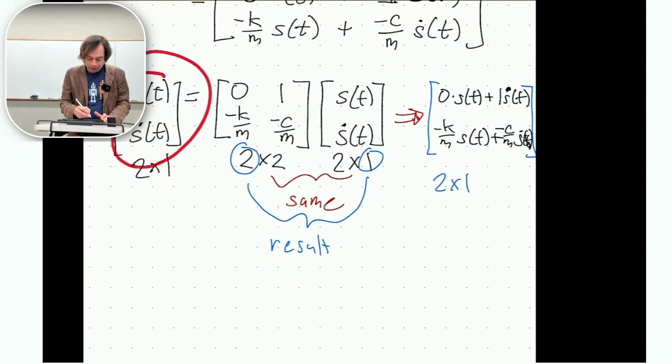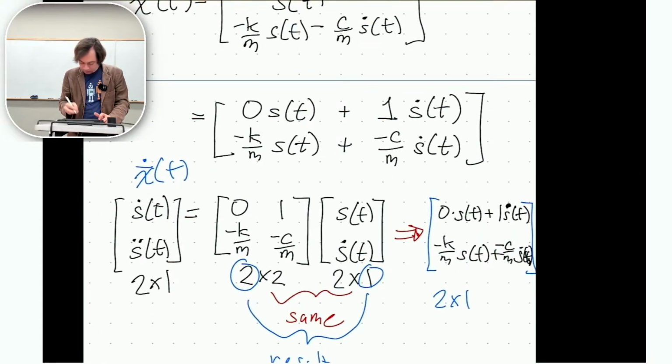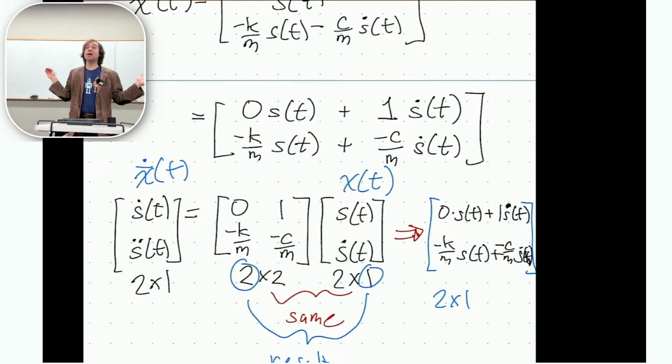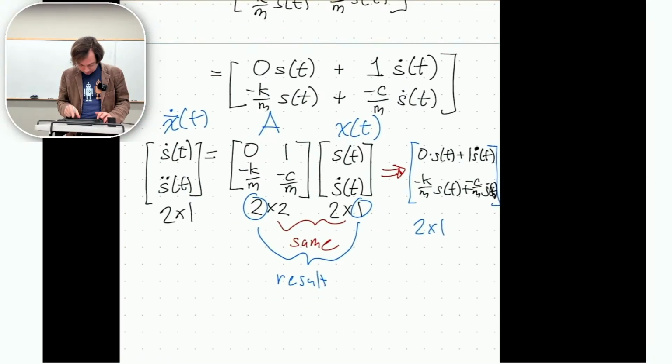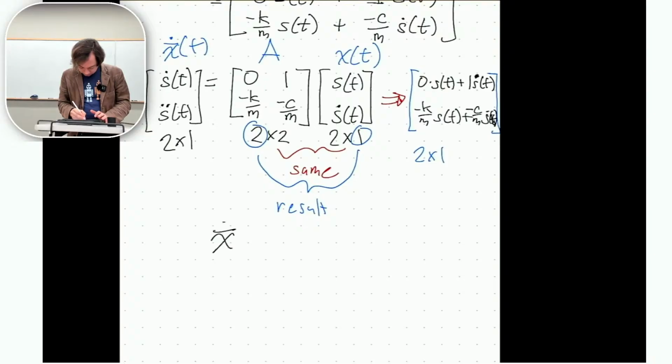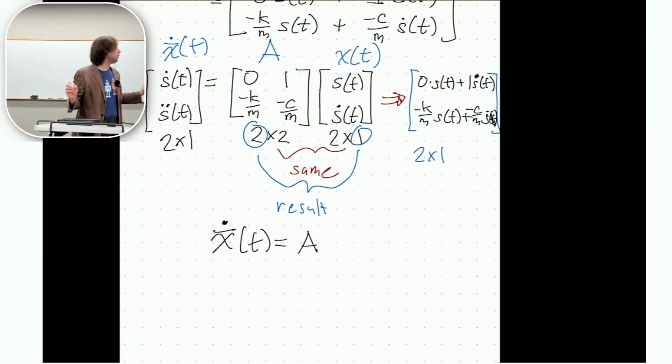So this here is just the derivative of our state vector, right? It's x dot of t. Right here, this is just our state vector itself, right? We would agree with that? And this here is some matrix. I'm going to call it A. Okay? Call it A. And so altogether, this is saying x dot of t is equal to A, which is in no way dependent upon time, you'll notice.